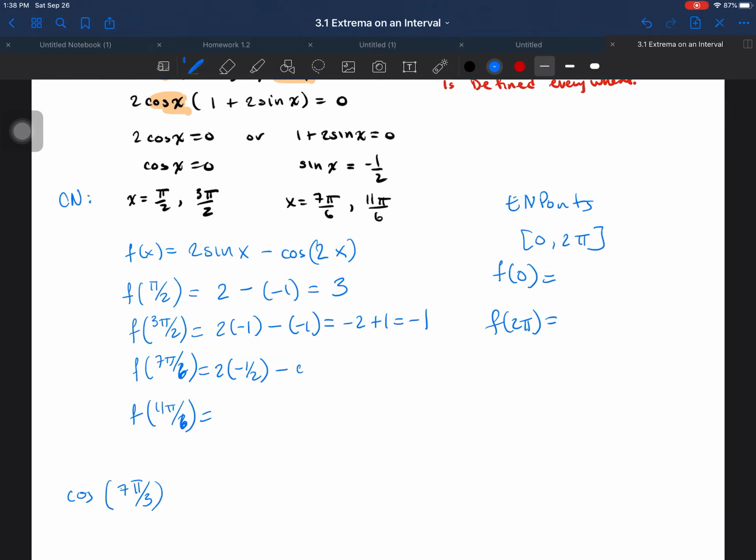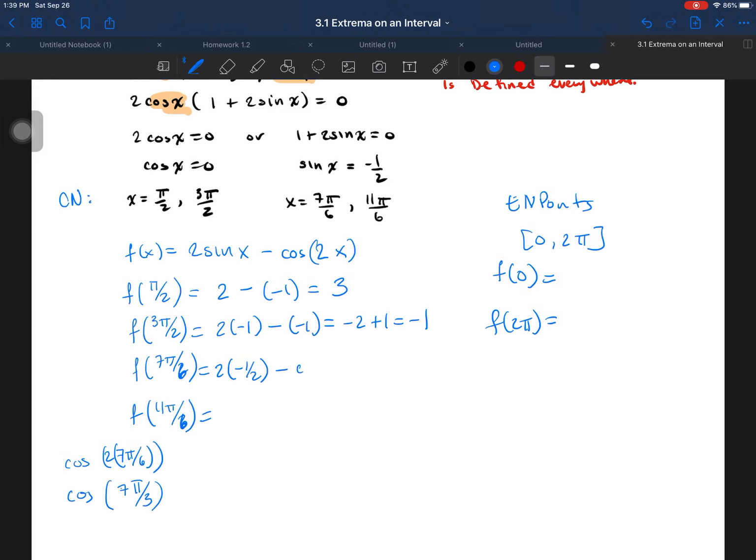Let me write it out for you guys. So there's a 2 in front, and that will simplify to be 7 pi over 3. All right, so that would be a full rotation of 2 pi, and then plus pi over 3.